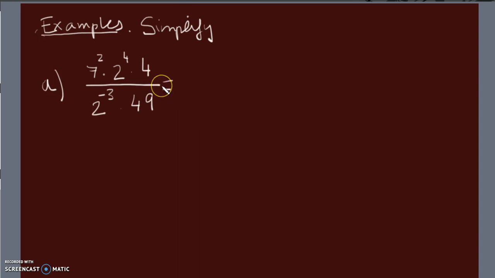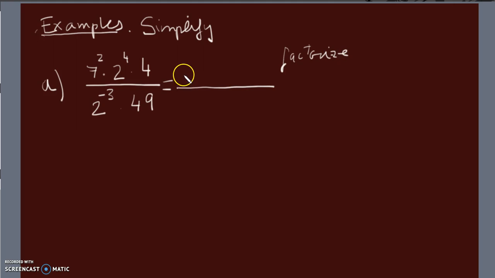Well, if you take a look at the numbers, these numbers are 7, 2, and powers of the number 2: 4 is a power of 2, and 49 is a power of 7. So the first step is to factorize all the numbers.